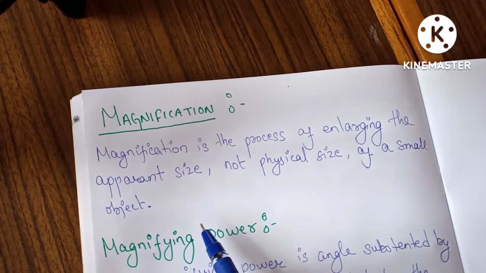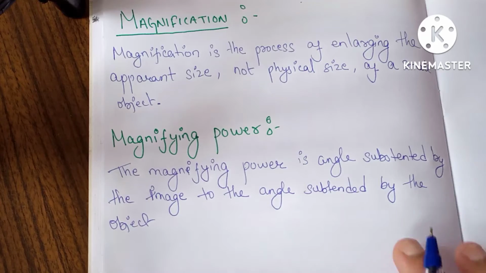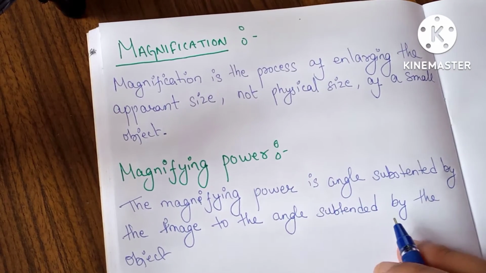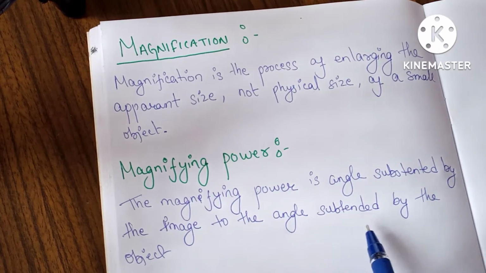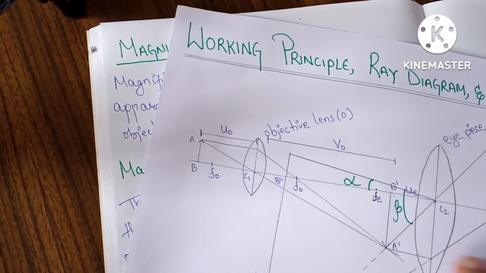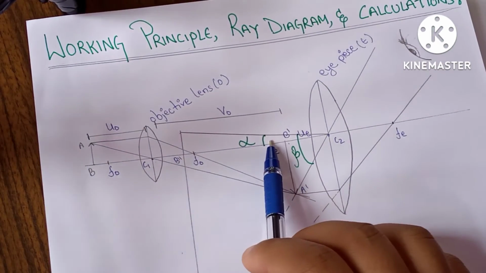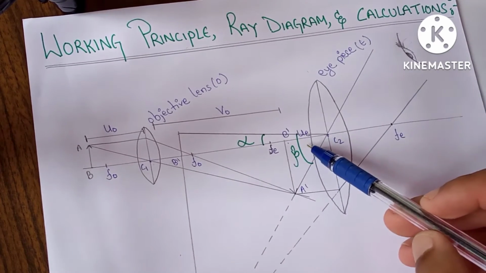This is magnification. Now let's see what is magnifying power. Magnifying power is defined as the ratio of the angle subtended by the image to the angle subtended by the object. And we can clearly see from this diagram, this is the angle subtended by the object, that is alpha, and this is the angle subtended by the final image, beta.